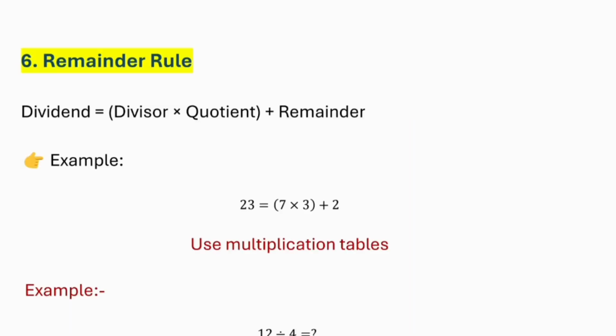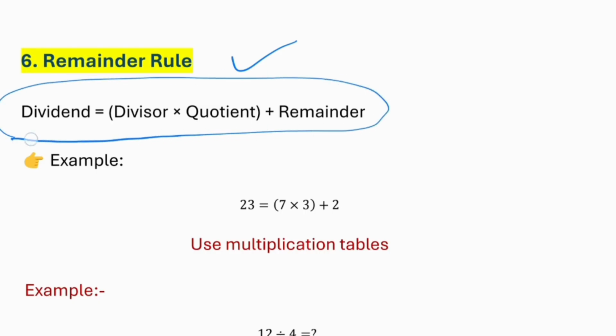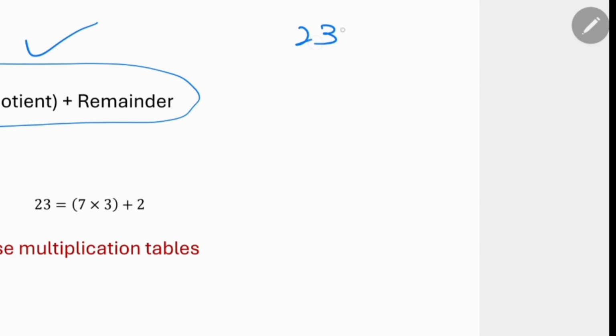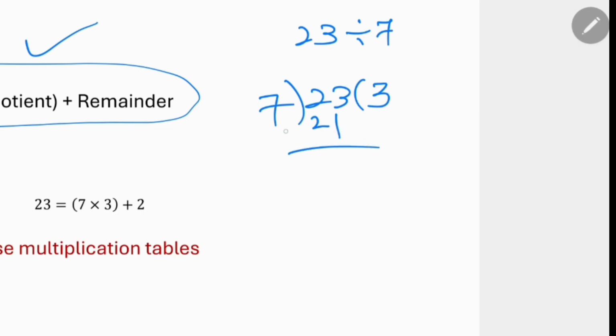Here is the important rule, the remainder rule. That is, dividend is equal to divisor into coefficient plus remainder. For example, 23 divided by 7. 7 3s are 21. The remainder we get is 2 and the answer is 3.